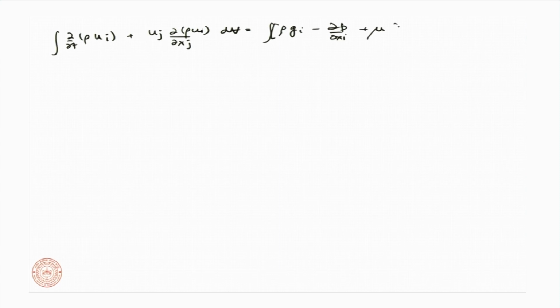We will have the integral of del by del t of rho ui plus uj del rho ui by del xj dV equal to the integral of rho gi minus del p over del xi plus mu del square ui by del xj del xj plus mu by 3 del square uk by del xk del xi dV, and let us write it as j so that we are consistent.